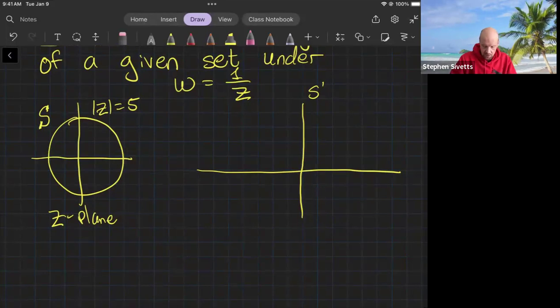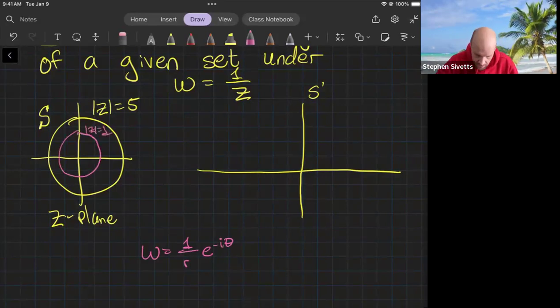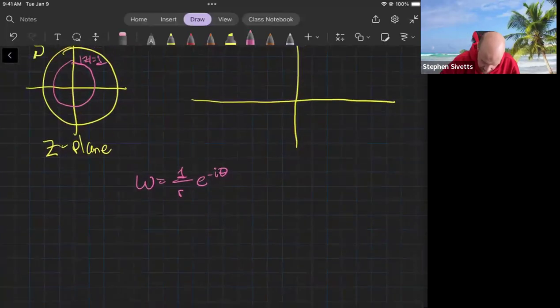Since we have a circle or some other circular region in the Z plane, you want to use polar coordinates. So W equals 1 over R e to the minus i theta. So we invert points with respect to the unit circle. Here's the unit circle in the Z plane. What is going to happen is we're going to have points which look like this.